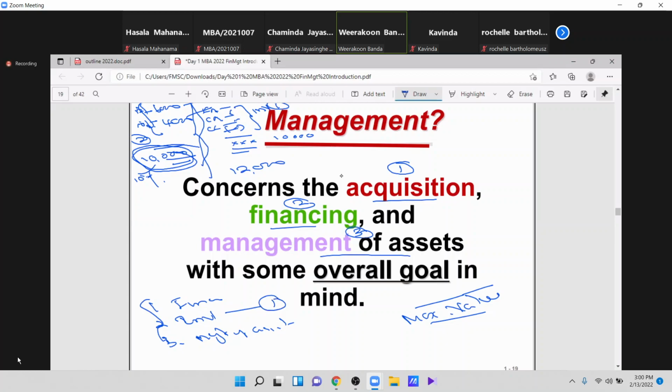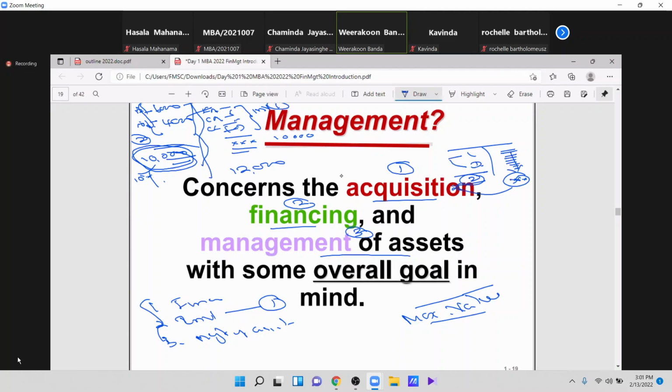First you decide the investment, then you go to the next one, financing. Otherwise you are not starting with financing. Without a proper target, we can't start with financing. If you have a business idea, then you decide what kinds of assets you need. Then for the total requirement, you decide to raise capital from owners' capital or debt capital. That is the proper way.